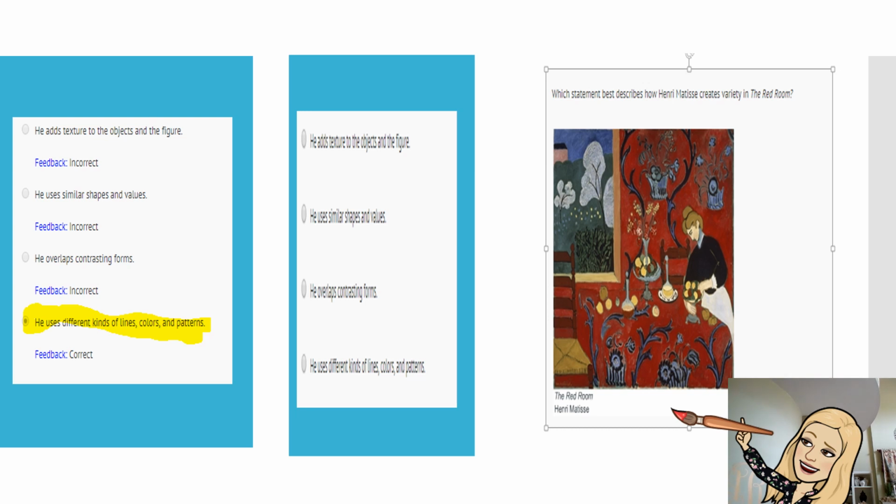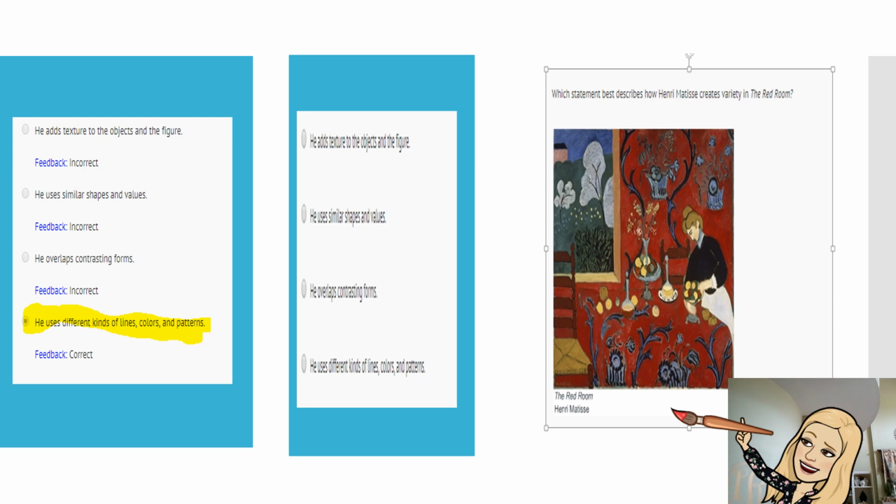As you can see, there is not much texture to the painting. If you look at the trees in the background, you can see that they do have a little bit of texture. The leaves have a little bit of texture, but other than that, the painting appears fairly smooth.